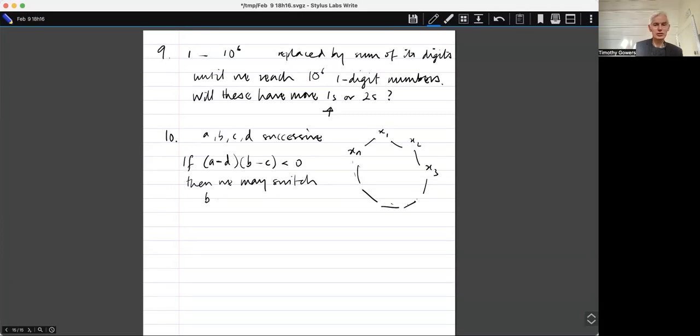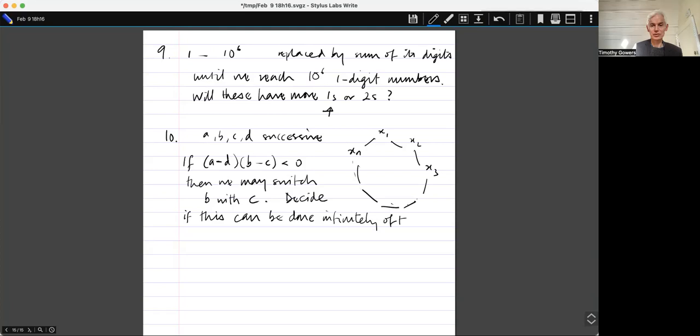Yes, B with C. Decide. Okay, it's not quite as scary as I thought. I'll explain why. So decide if this switching operation can be performed infinitely often.